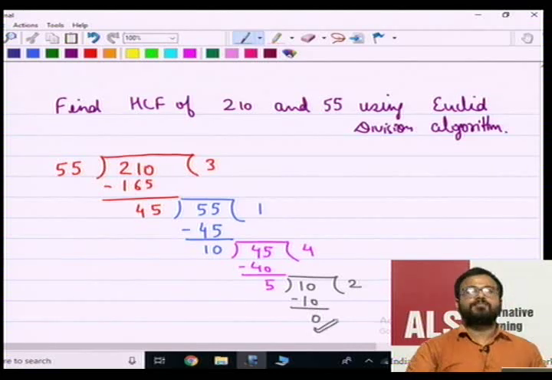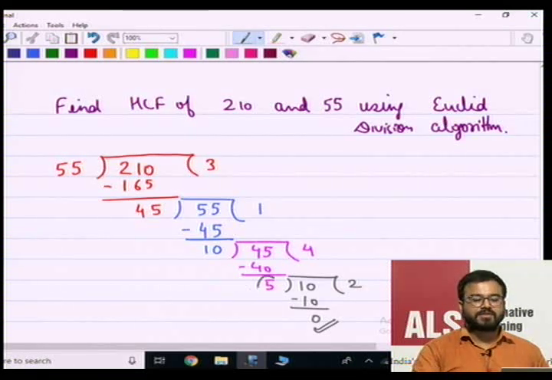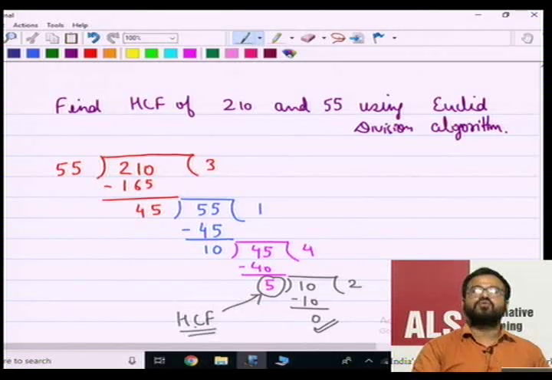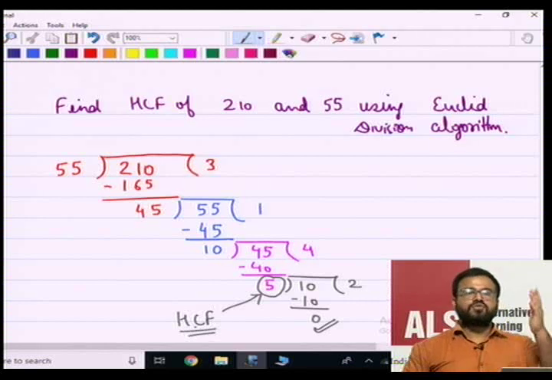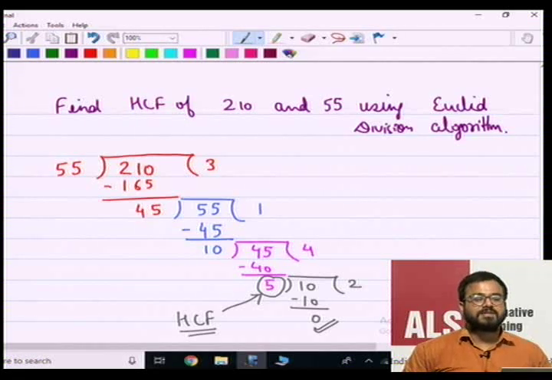The division step in which we get remainder 0, the divisor in that step, which here is 5, is known as the HCF of the two numbers. So we have to do this division process completely, and here 5 is the HCF of the given two numbers.